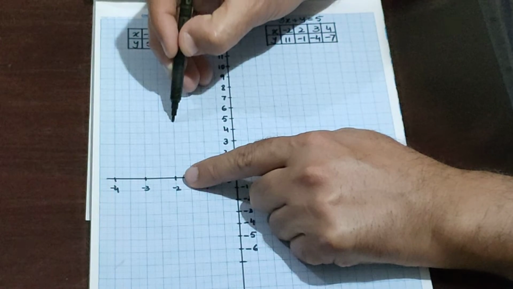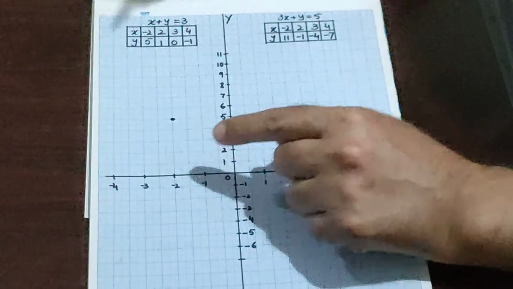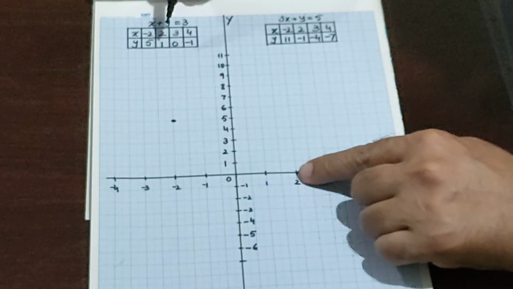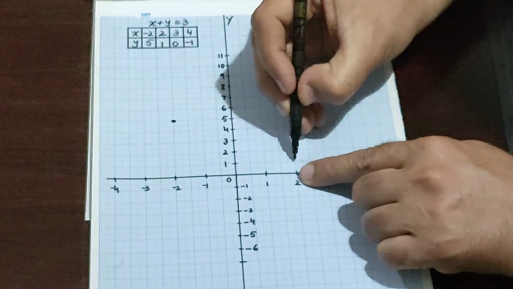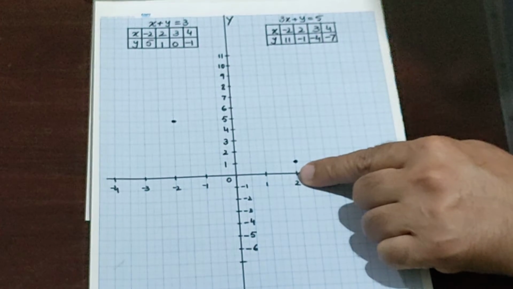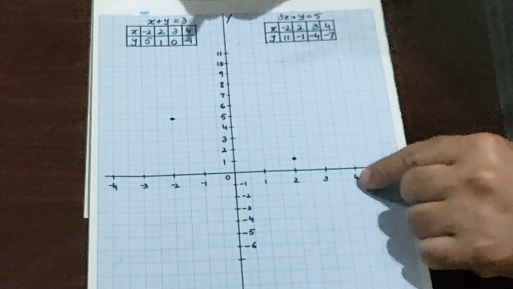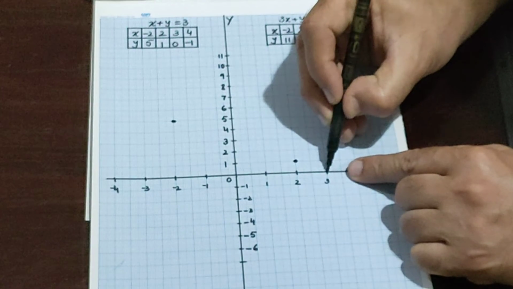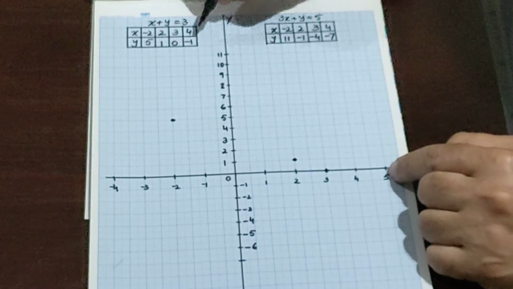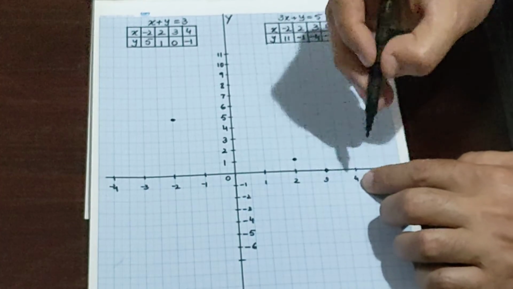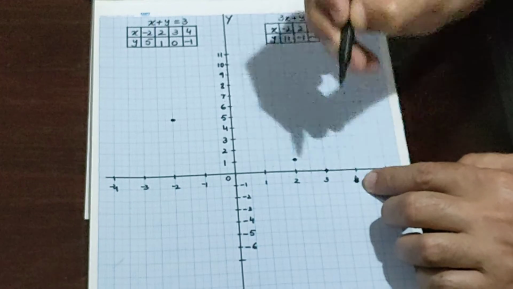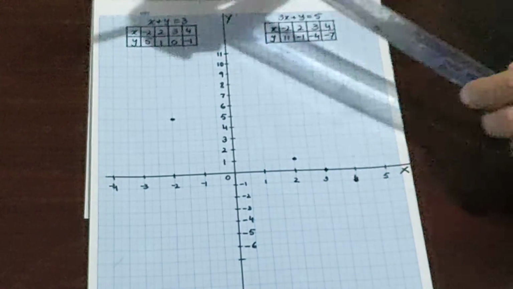This is our first point. Then 2 and 1. This is our second point. Then 3 and 0, the third point. Then 4 and minus 1. This is 4, and minus 1 is here. So let's join them.